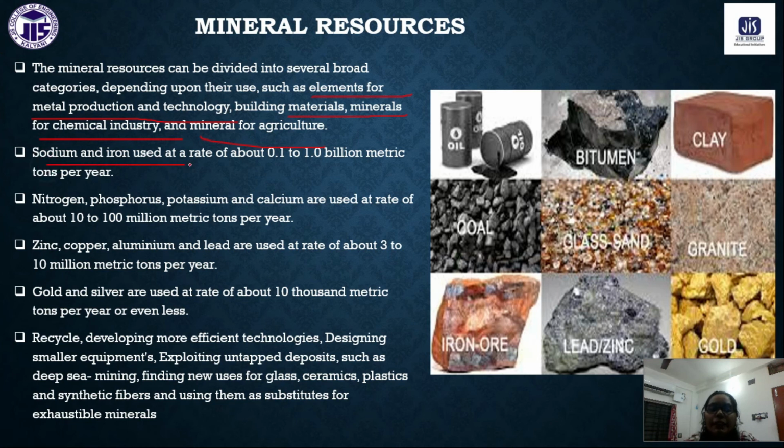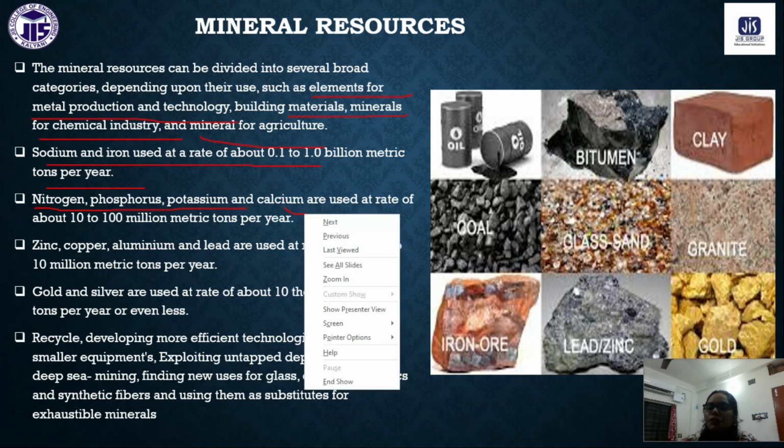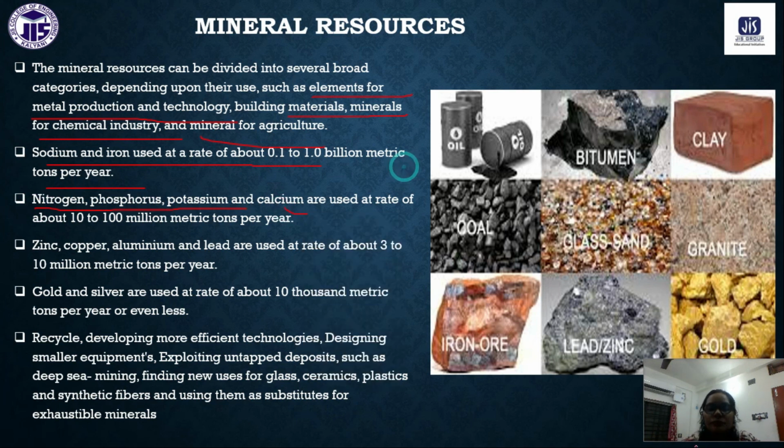Sodium and iron are consumed at a rate of about 0.1 to 1 billion metric tons per year. Nitrogen, phosphorus, potassium, and calcium are used at a rate of 10 to 100 million metric tons per year.